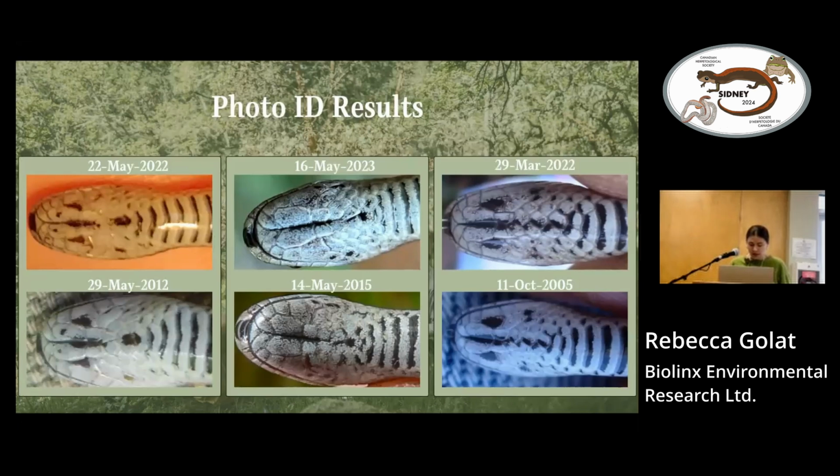A surprising result from both the pit tags and the photo IDs is that this species is a lot more long-lived than we first thought. All of these bottom photos, from 2012, 2015, 2005, were of adult snakes when these pictures were taken. Carl was saying that size doesn't equal age, but these are most likely over 3 or 4 years old, so extending these times.